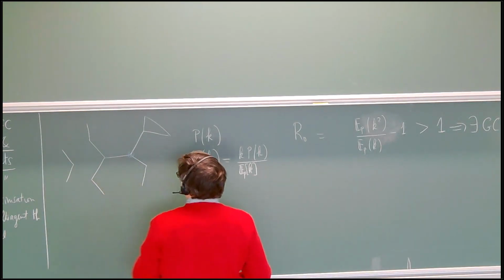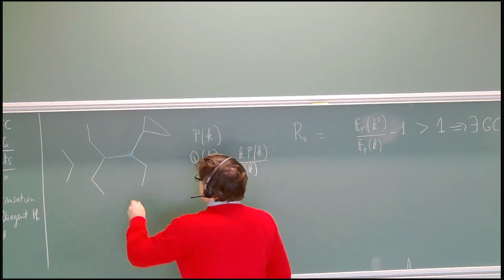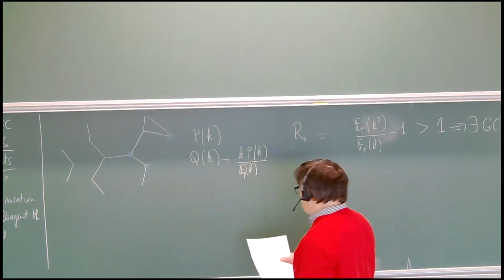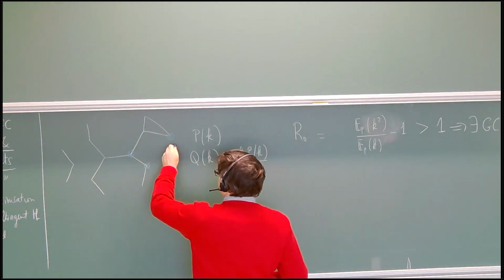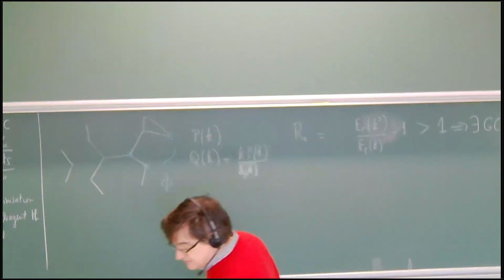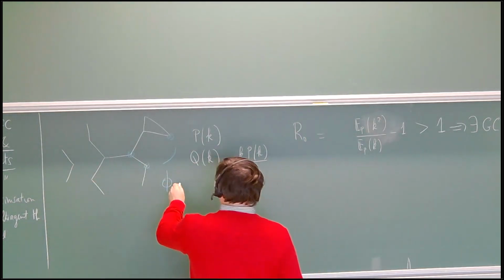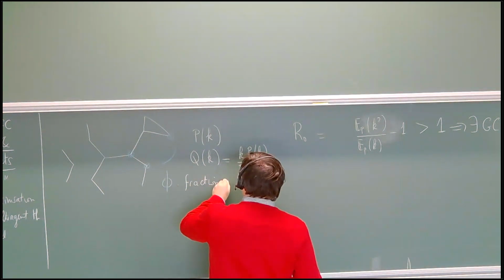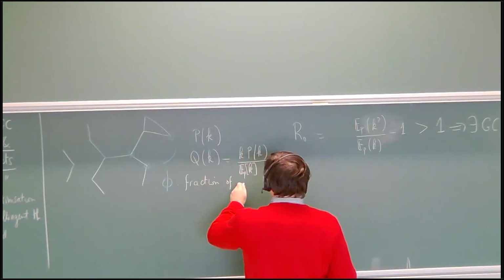So for example, this node is deactivated, this one is deactivated, this one is deactivated, and I call phi the fraction of deactivated nodes.